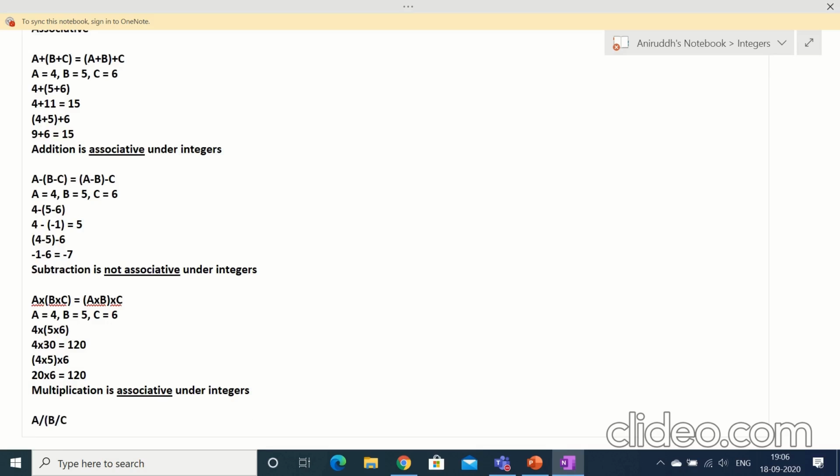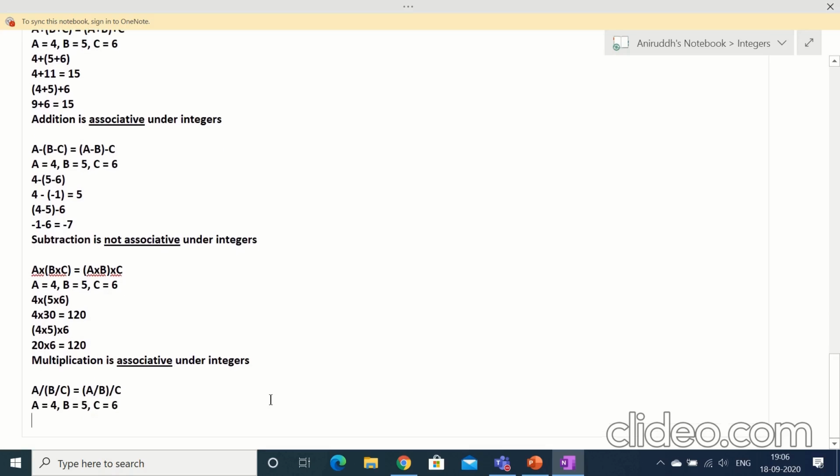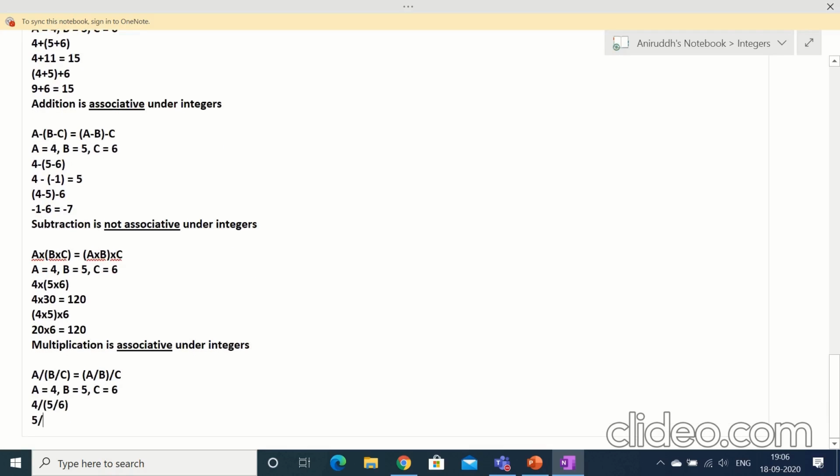A divided by (B divided by C) is equal to (A divided by B) divided by C. So 4 divided by (5 divided by 6). 5 divided by 6 will give you the answer as 0.8333.